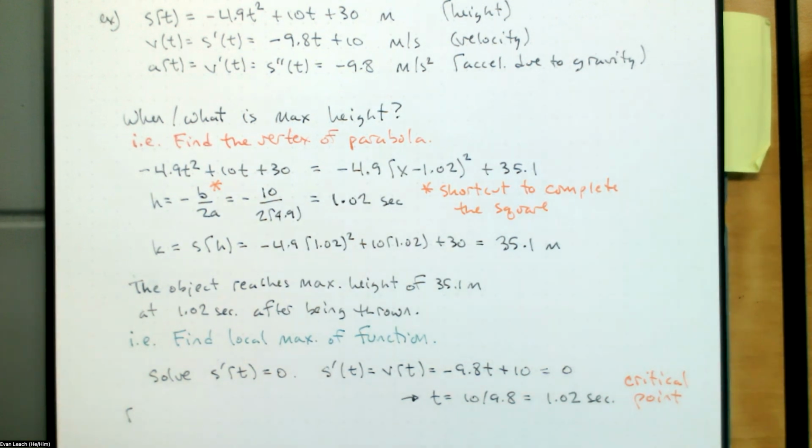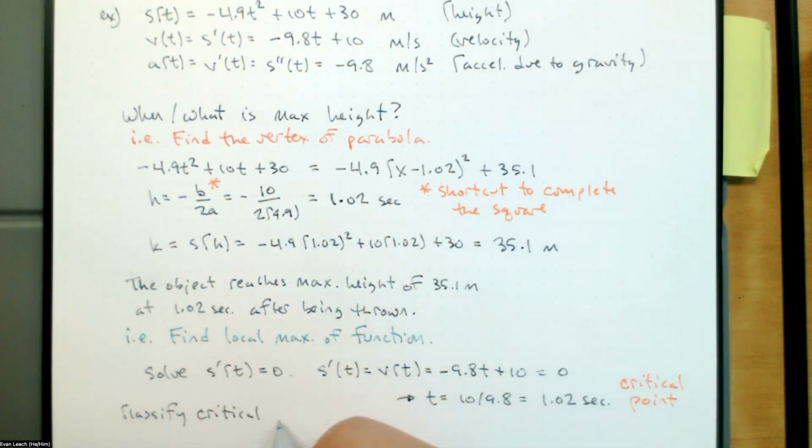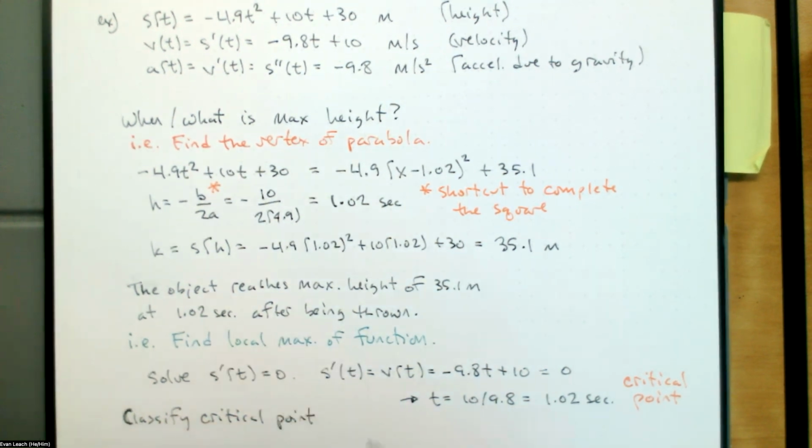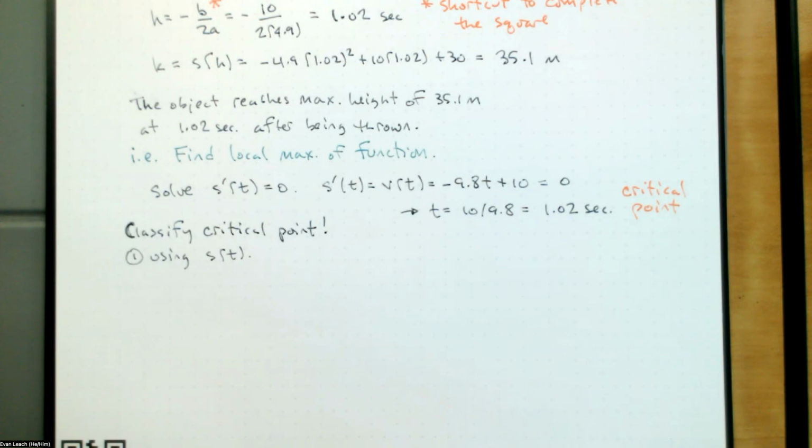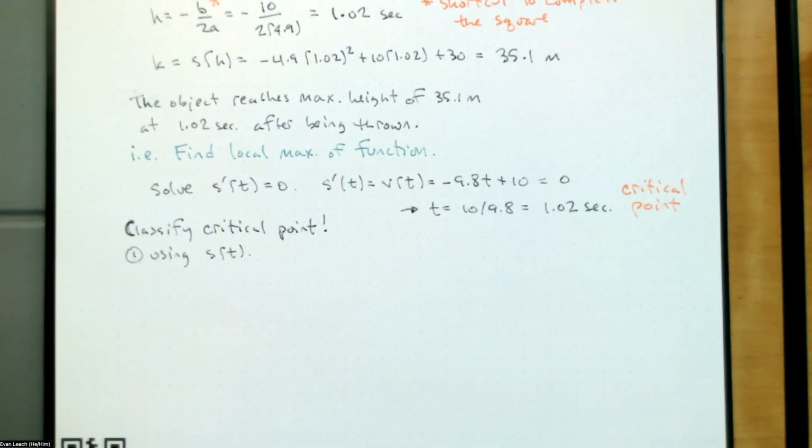So we can classify it using what we know about the function itself. Since s of t is a parabola with a negative leading coefficient, this point is at the vertex.